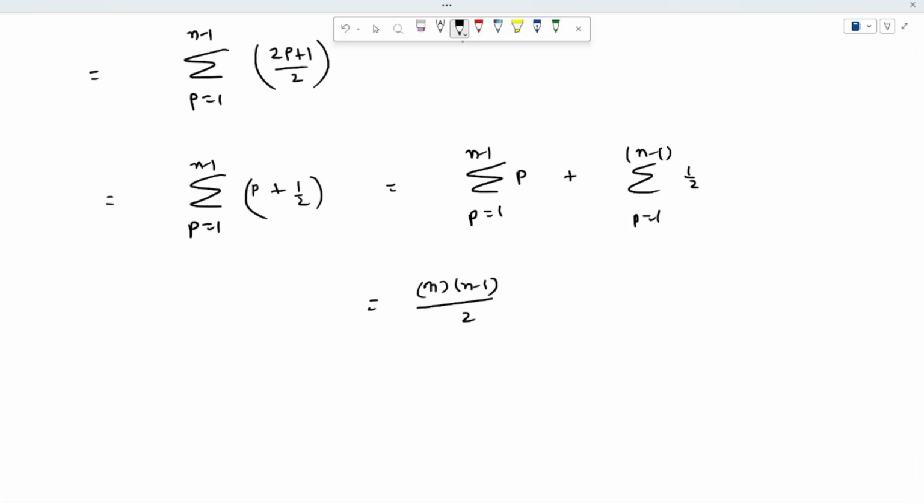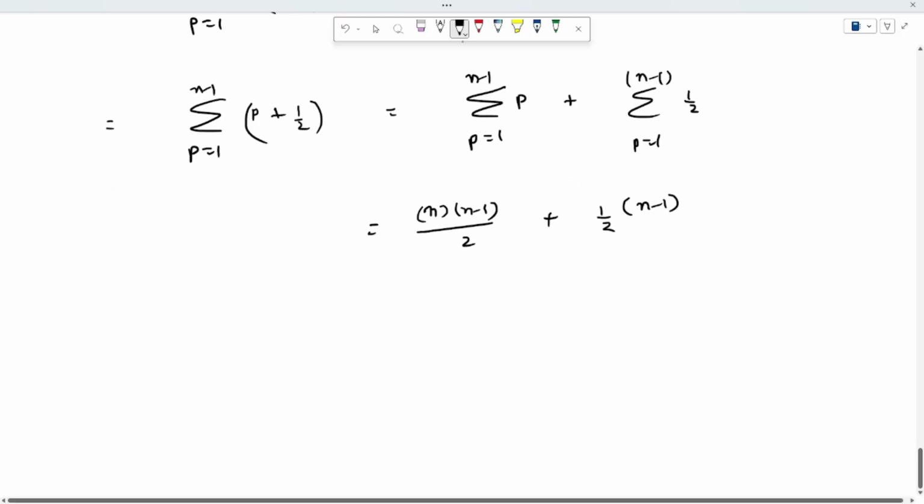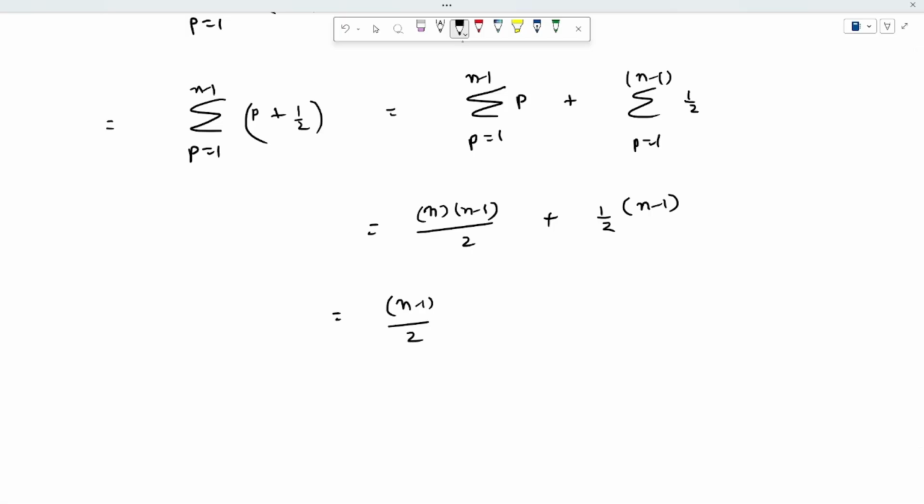And this is 1 by 2 multiplied by n minus 1, 1 by 2 being added n minus 1 times. So we take out n minus 1 divided by 2 as common, and inside it we get n plus 1. So this is n square minus 1 divided by 2.